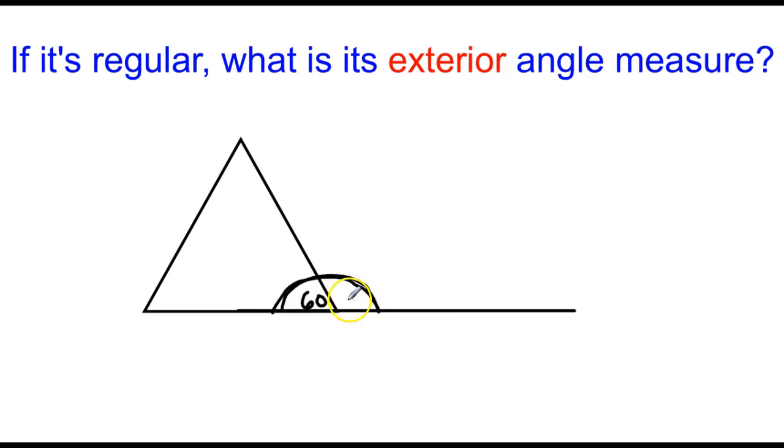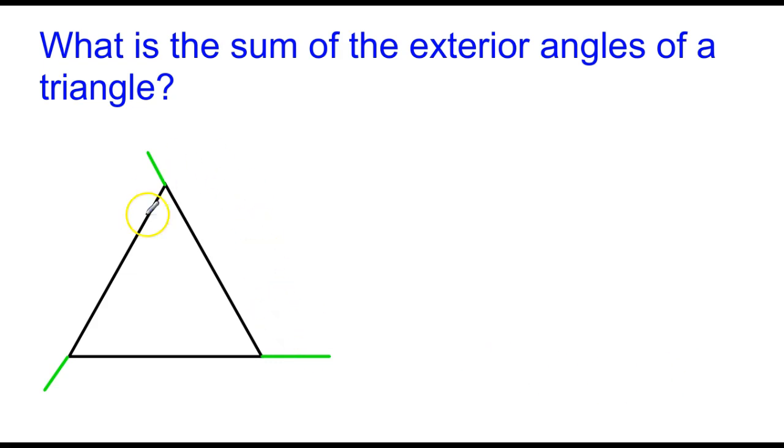From chapter 1, I think it was, that we discussed, it should be a linear pair. And I know linear pairs add to 180. So 180 minus 60 gives me 120. That's the exterior angle there. Now, we've got 3 exterior angles on a triangle. So if we've got 120 here, 120 here, and 120 here, what do they add up to? Well, they add up to 360 degrees.